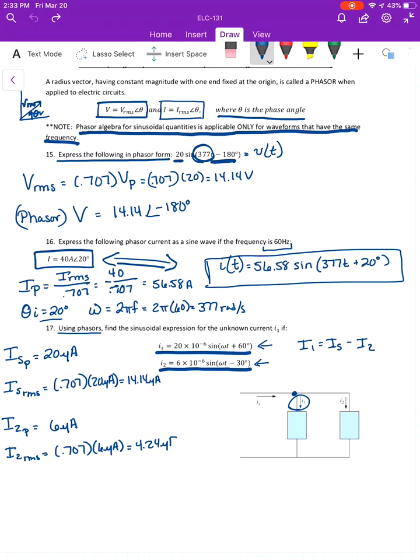Microamps. Okay, so the phasor I sub S is 14.14 microamps at an angle of 60 degrees right there. And the phasor I2 is 4.24 microamps at negative 30 degrees.